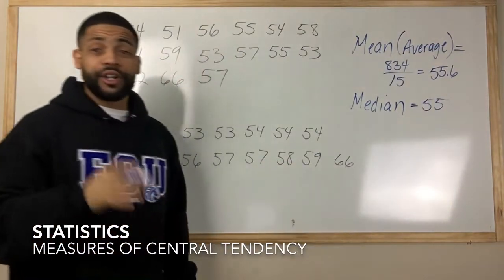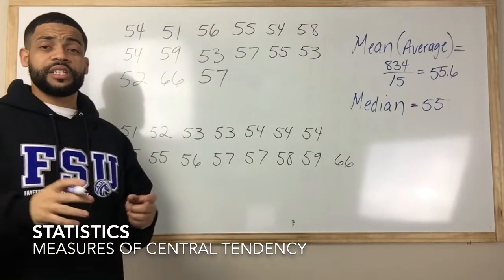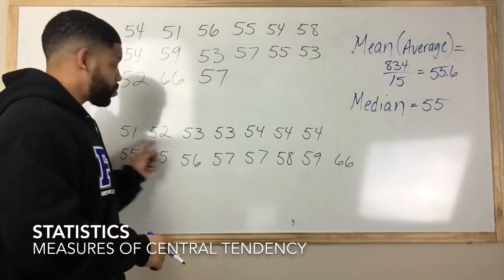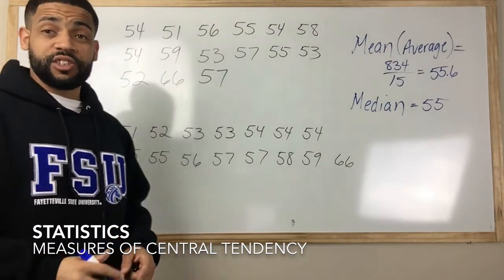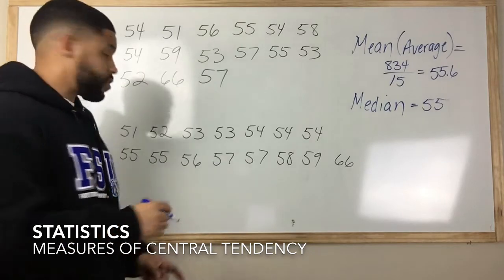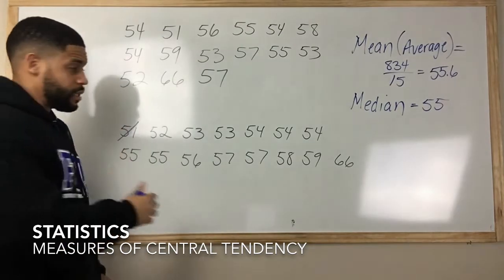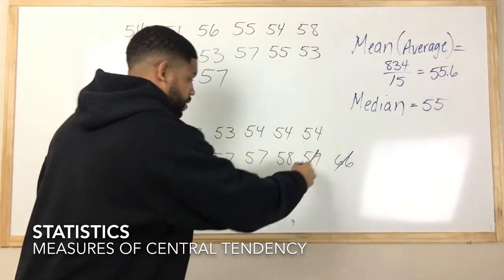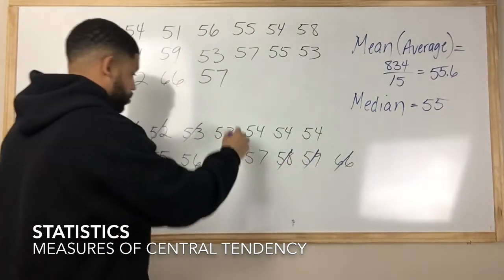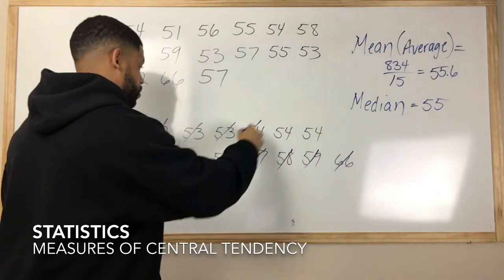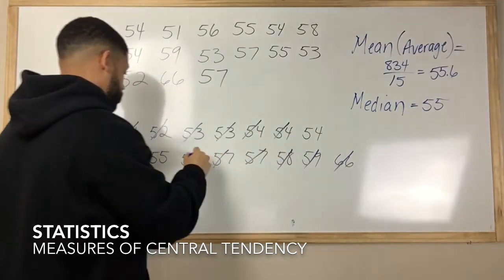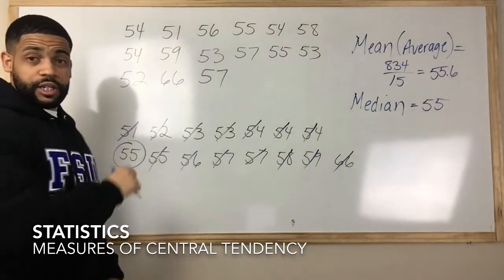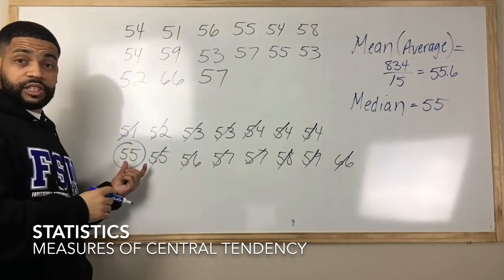Another way they teach median at the lower levels is to order the numbers from least to greatest, and then mark off a number from the front end and one from the back end, and continue doing that until you are left with one number to circle.